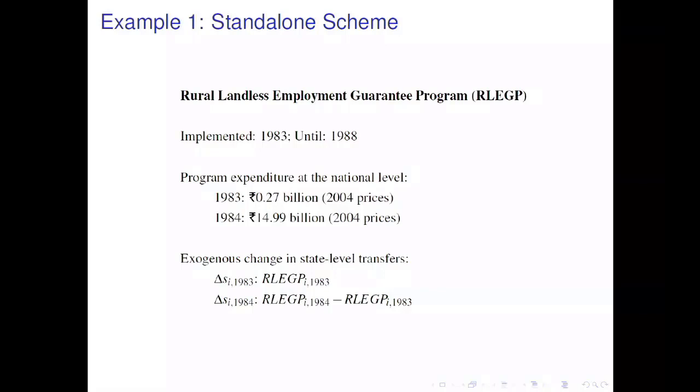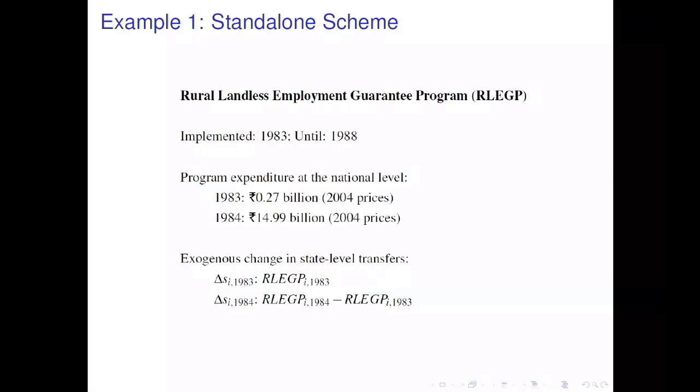This is the example of a standalone scheme, and there's a 50-page narrative analysis appendix in the paper for any of the interested readers. I'll just show you two examples. One is of a standalone scheme, and we are showing here the Rural Landless Employment Guarantee Program. We know it was implemented in 1983. It was active till 1988.